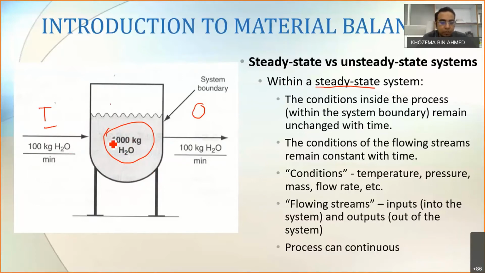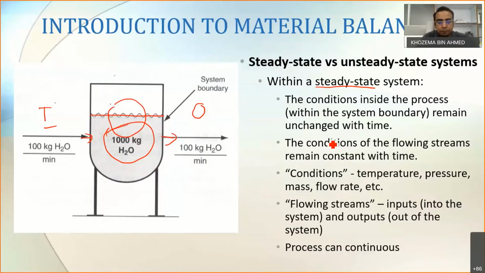So initially you have 1000. You start with having 1000 kilos of water. You are putting in 100 kg of water, but you are also removing 100 kg of water. So whatever water you are putting in, the same amount of water you are putting out. So there is no accumulation in the system. The level of water will always remain 1000.